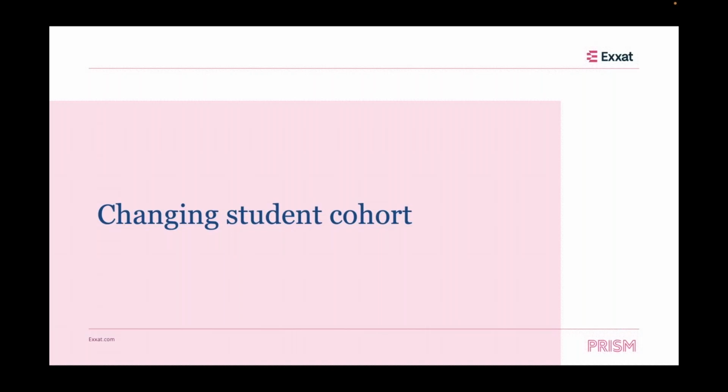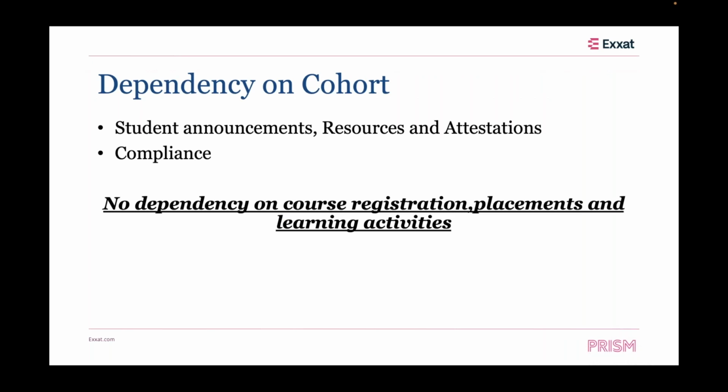The only dependency that today in Prism we see that is based on cohort is when you want to do any important announcements for a cohort, or when you want to share student level resources like handbooks, etc., or you want to put an attestation. Those are the type of things that are based on cohort, and compliance requirements. Whenever you are setting up compliance requirements, that is based on cohort today.